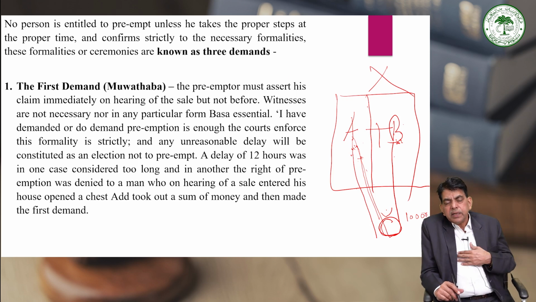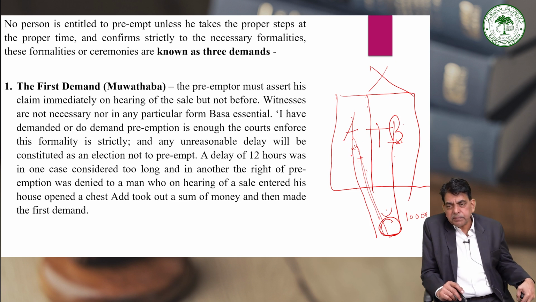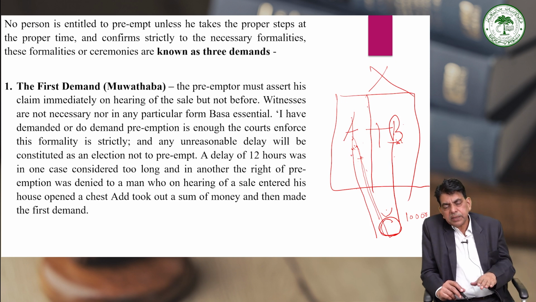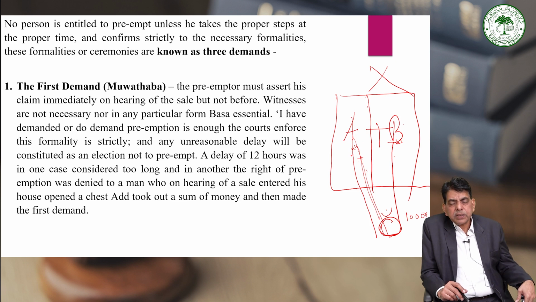What is his right? That he was entitled to preemption. He had the preemptive right, and therefore he has the right to step into the shoes of the vendee, that is C, and thereby he is entitled to claim the property. So he should assert his right immediately on getting, for the first time, information regarding the sale of his property which was in co-ownership of two persons.